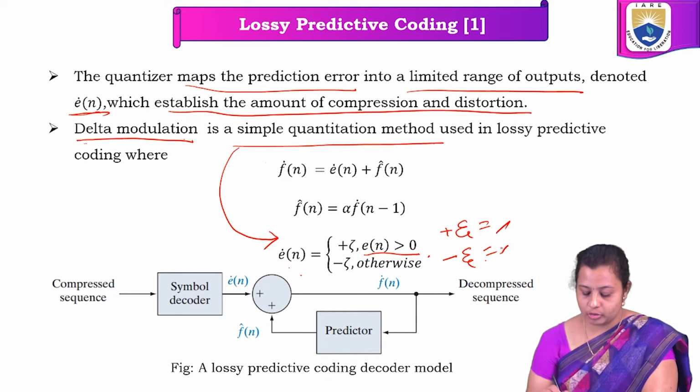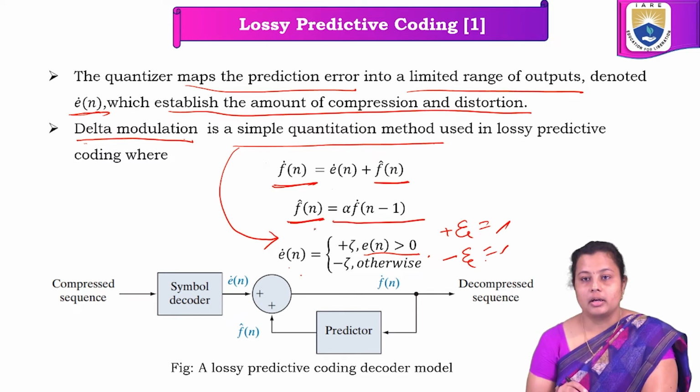So how is the prediction value obtained? The new predictor value, f dot of n, is equal to e dot of n plus f cap of n, right? What is this f cap of n? It is the summation of alpha times f dot of n minus 1.